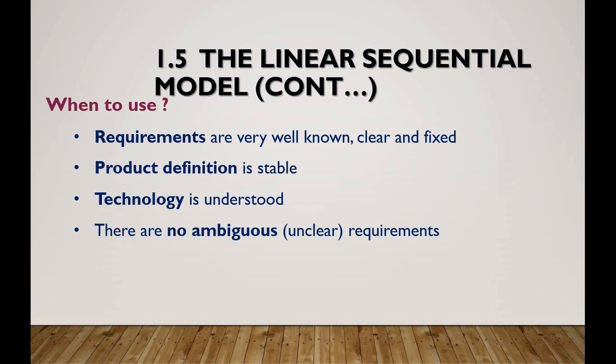Product definition is stable. Technology is understood, meaning the technology in which you are going to develop your project is understood by the programmers or practitioners. There are no ambiguous requirements, meaning all requirements must be very clear.